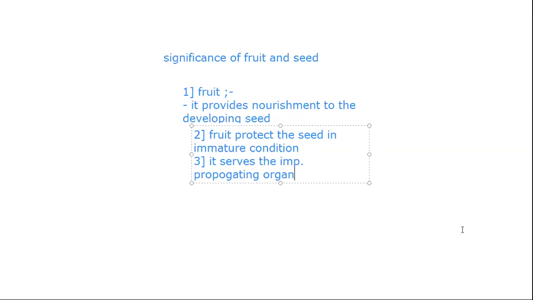It means that whatever seeds develop in the fruits, they totally mature within the fruit, and then they act as threads of life. It means the number of generations is maintained by the seeds. So it is a very important part for the generation of the plant body, and a main important function performed by the fruit. Okay, so it can protect, it can serve.